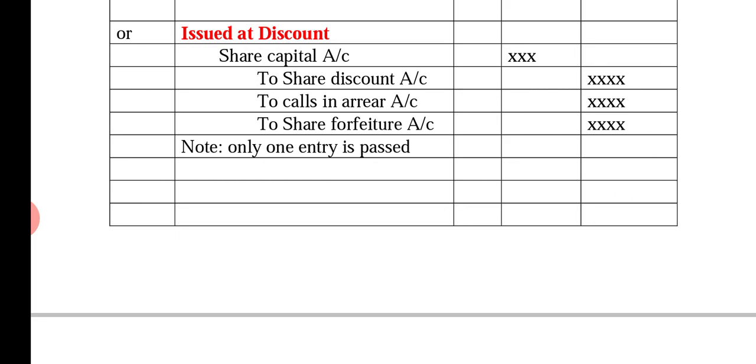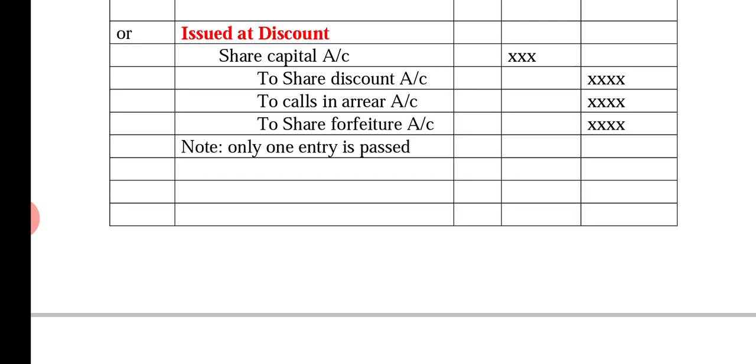So you have to write like this: 7 rupees called up amount debited in the share capital account, 1 rupee to share discount account, calls in arrear account 2 rupees, share forfeiture 4 rupees. Here the amount received is reduced. In the previous cases we recorded 5 rupees. Here we record only 4 rupees because the discount amount is not collected, so that should be cancelled.